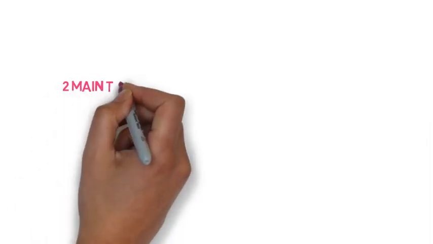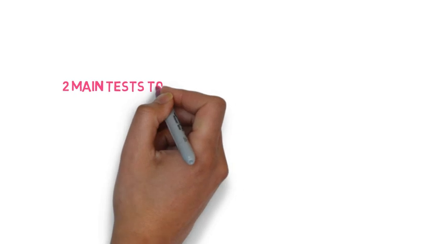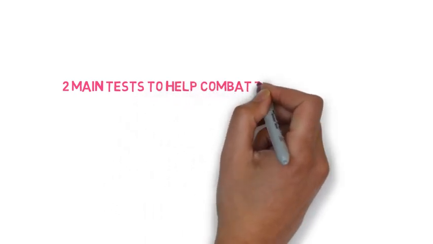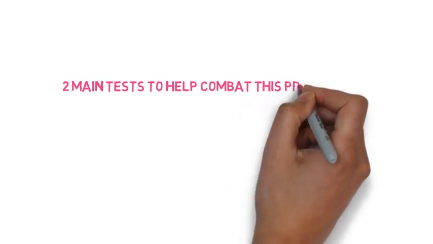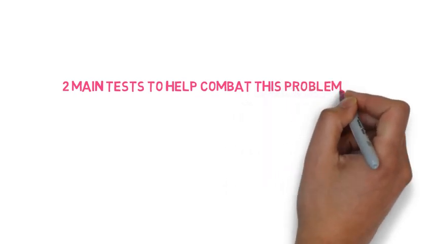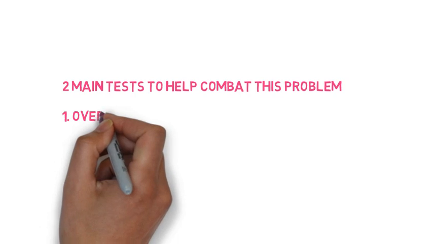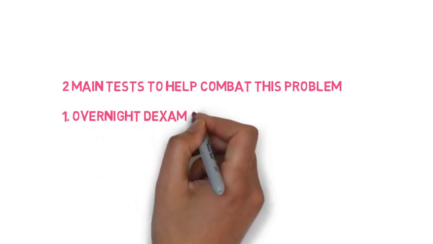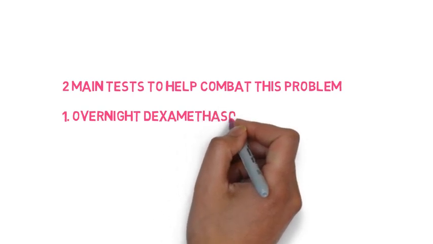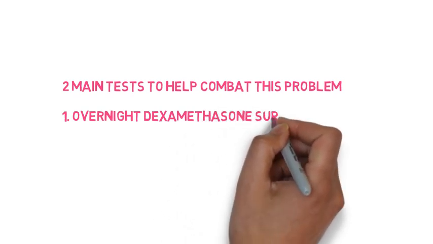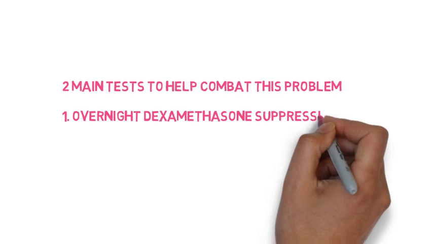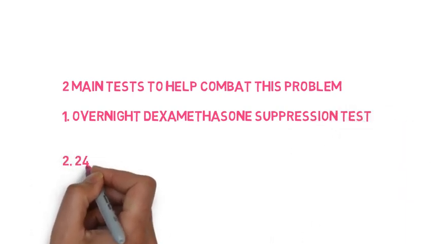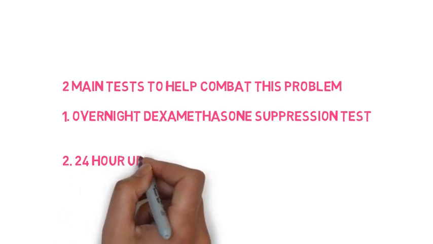You can have the overnight dexamethasone suppression test, and this is when you give someone a steroid like cortisol, and once they're given that, your body should suppress cortisol production, because you're already getting a lot of cortisol from this dexamethasone. So through negative feedback on the adrenal glands, you would expect less cortisol to be produced, and this would be the case in a normal, healthy individual.